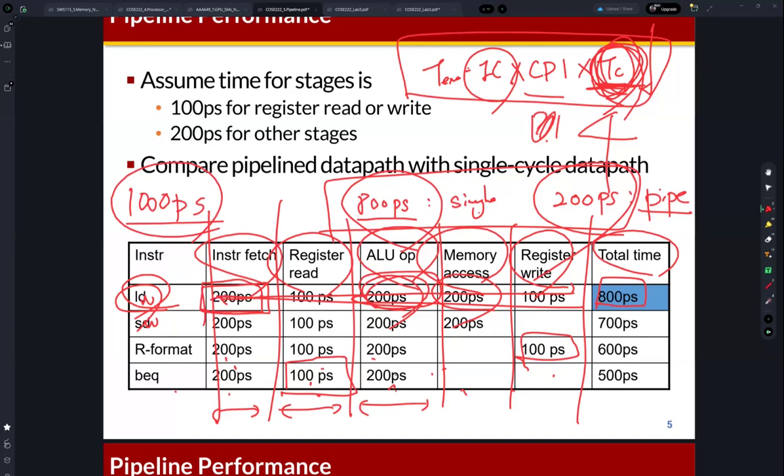This is because we need to use the same clock signal for each stage. So the clock period is 200 picosecond, which means that for each stage, it will take 200 picosecond in the pipeline design. So the execution time becomes 1000 picosecond. But as you can see, the speedup is 4.